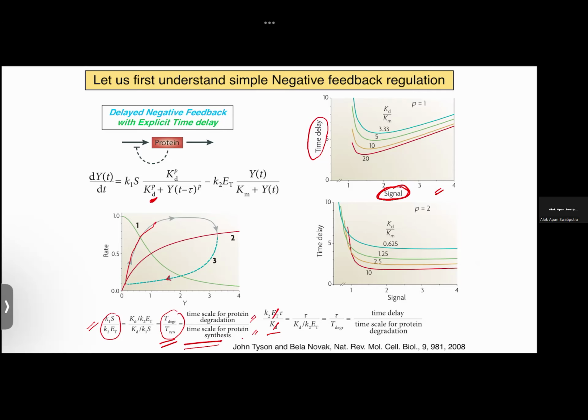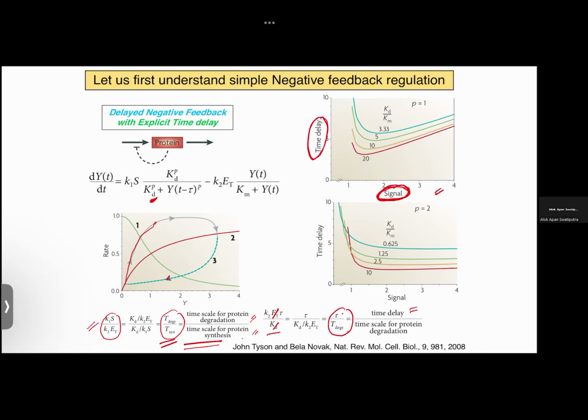And if you do the same generally, it's tau by tau degradation. So this is a dimensionless quantity, which is a measure of your delay, the ratio of your time delay to the protein degradation time. So now you have a measure of your signal strength and a measure of your time delay in unitless form.